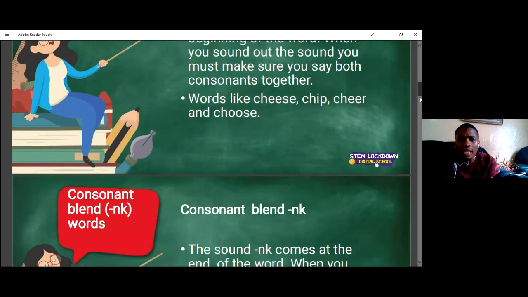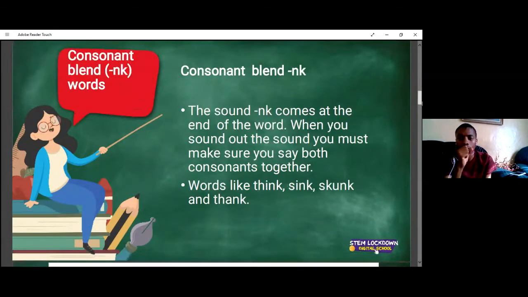So now, when you're making the k sound, you must hear the kick, kicking, king, the sound of it. It comes at the end of the word, and you say them together. That's why there are words like think and sink and skunk and thank.